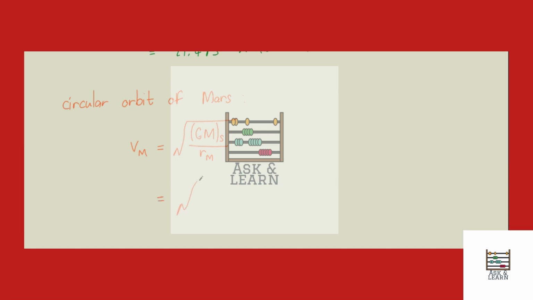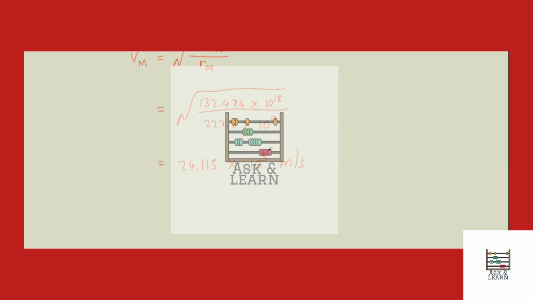And again, these values are known. So that's the square root of 132.474 times 10 to the power 18 over 227.8 times 10 to the power 9. Hence we get VM to be 24.115 times 10 to the power 3 meters per second.